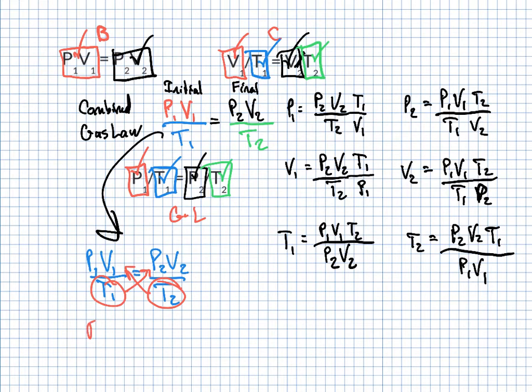And that will give me P1 V1 T2 equals P2 V2 T1. And then you can see how I got to here. I simply divided both sides by that P2 V2, and that's what gave me that formula. And to get the T2, I simply divided both sides by the P1 V1.